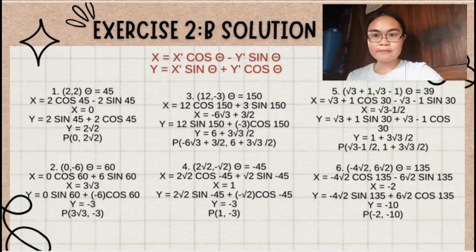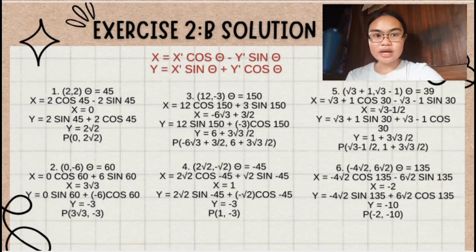For number 5, the given P dash is square root of 3 plus 1 and square root of 3 minus 1. And the theta is 30. So x is equal to square root of 3 plus 1 cos 30 minus square root of 3 minus 1 sine 30. So x is equal to square root of 3 minus 1 over 2.